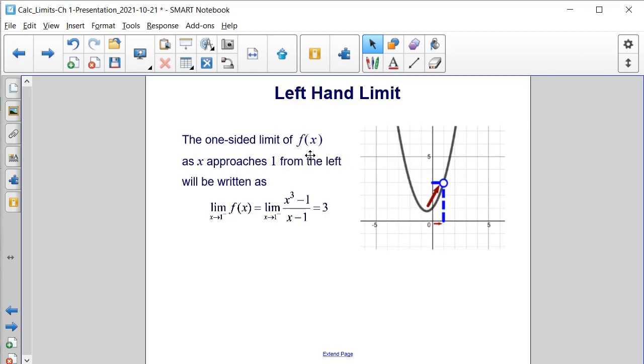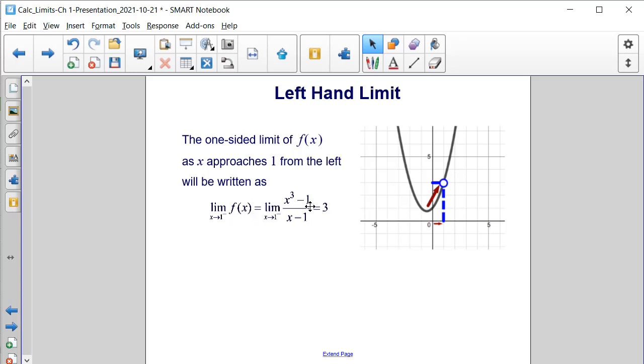The one-sided limit of the function f of x as x approaches 1 from the left is written in this notation. So again, notice we have the negative sign in superscript above the 1, and we're taking the limit of our function f of x as it approaches 1 from the left.